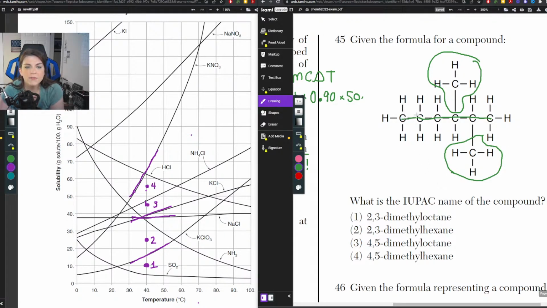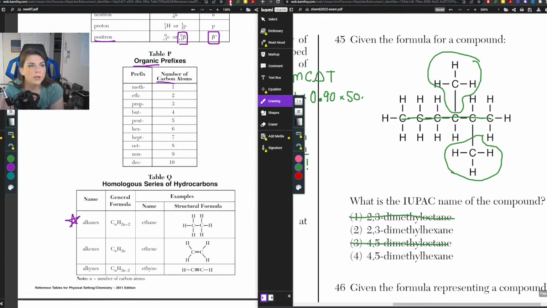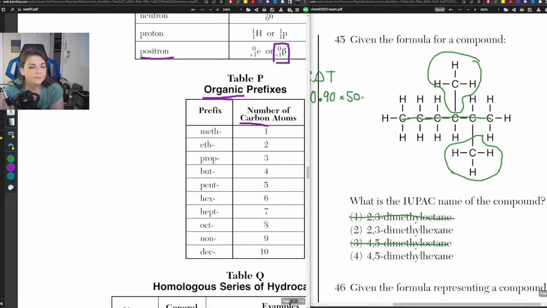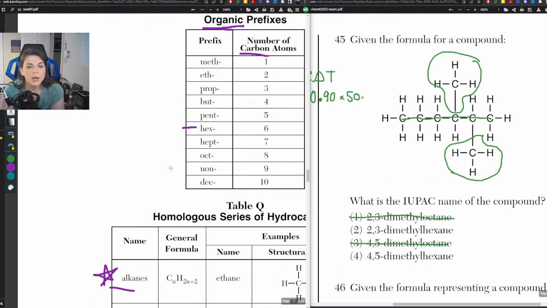So considering I have 6 in a row, the main chain is going to be a hexane, because hex is the prefix for 6, and ane because it's all single bonds.